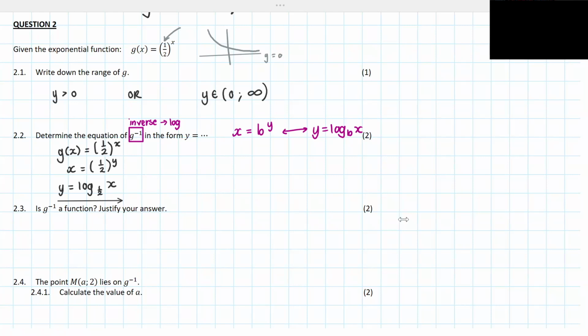Think about the vertical line test. If you draw the inverse, will it pass the vertical line test?